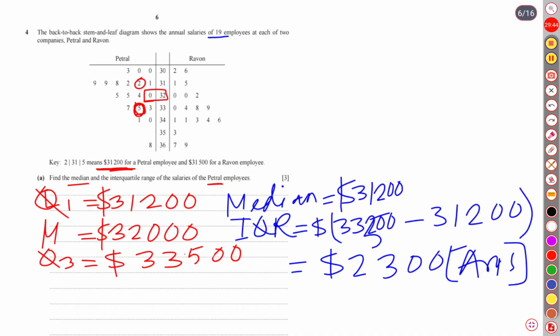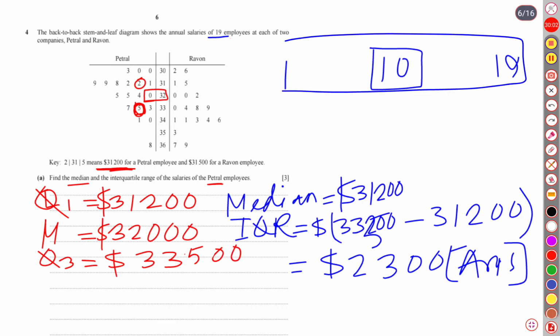Here there are total 19 data, so 19 plus 1, the 10th lies in the middle.